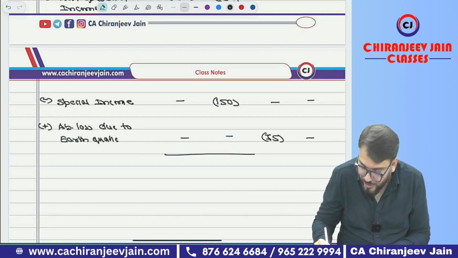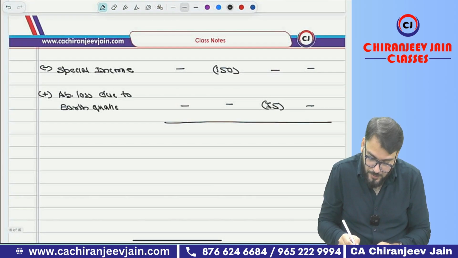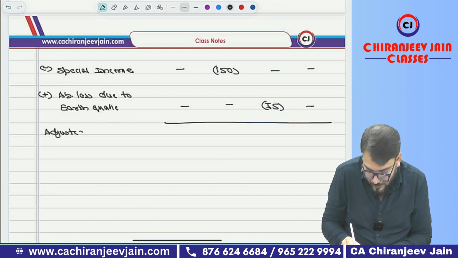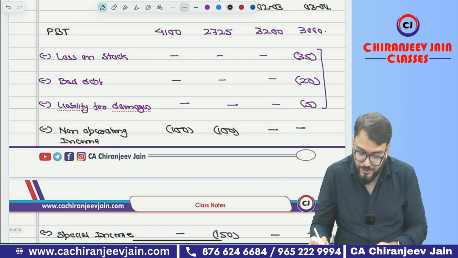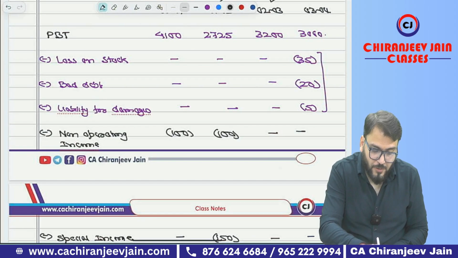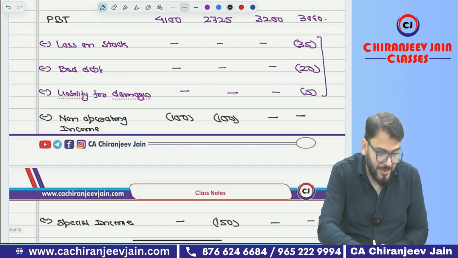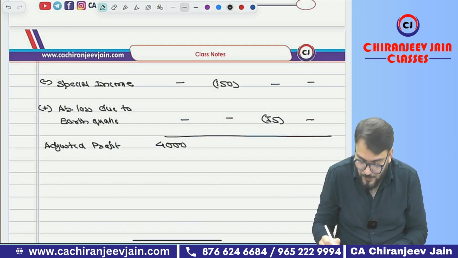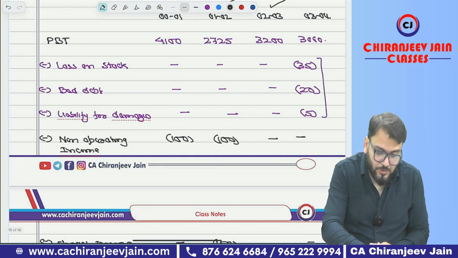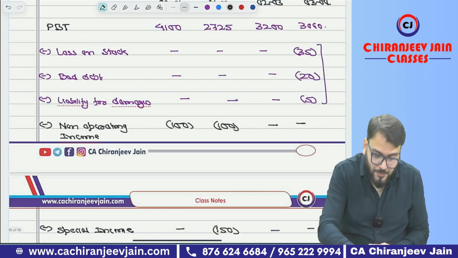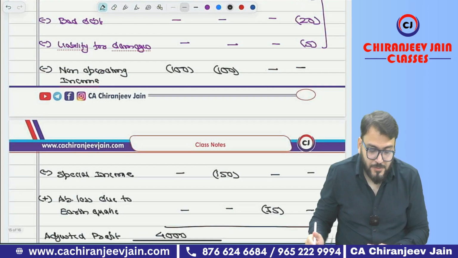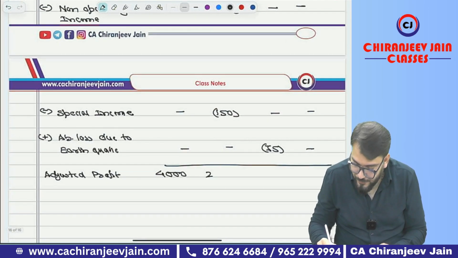Now we'll get adjusted profit. Adjusted profit: 4,100 minus 100, it is 4,000. Then 2725 minus 100 minus 150, that is 2475.